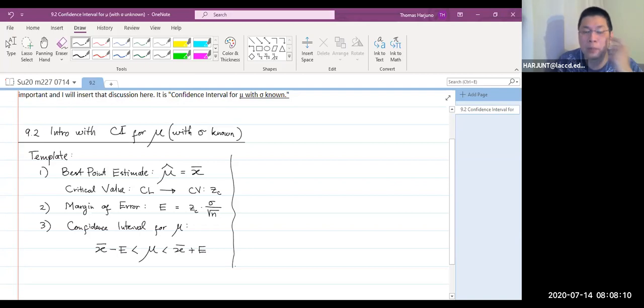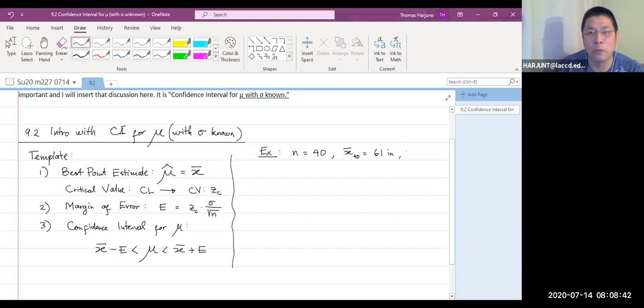Now, let's do an example to explain the template. For example, we have a sample of, let's say, 40 people, and the average height of those 40 people is, let's say, 61 inches.